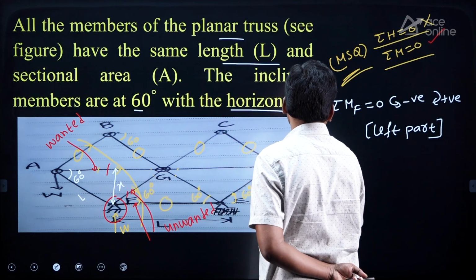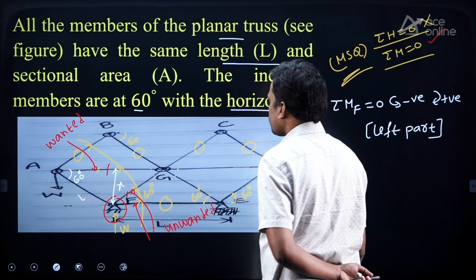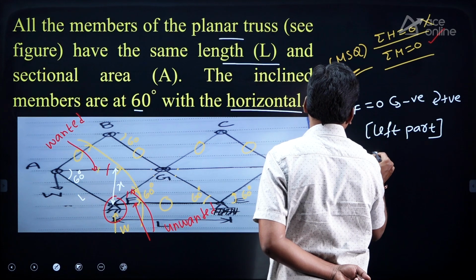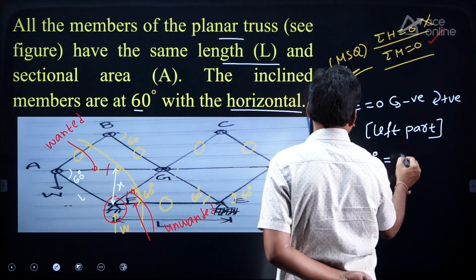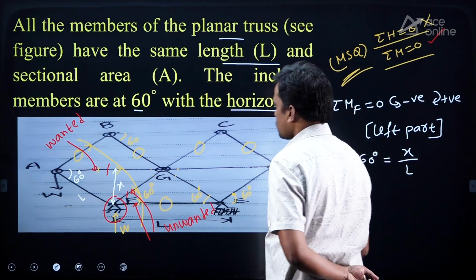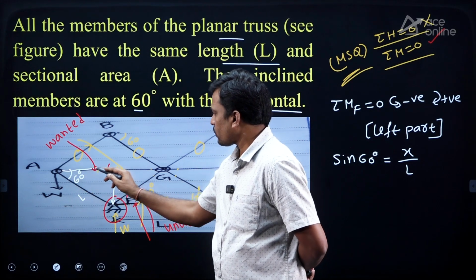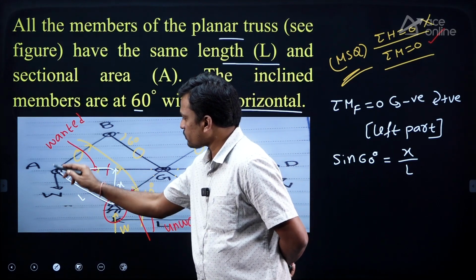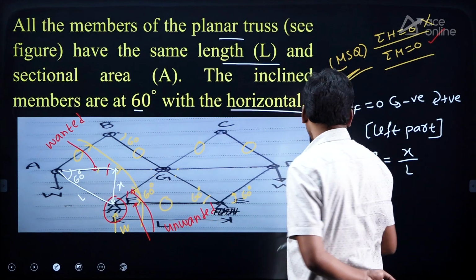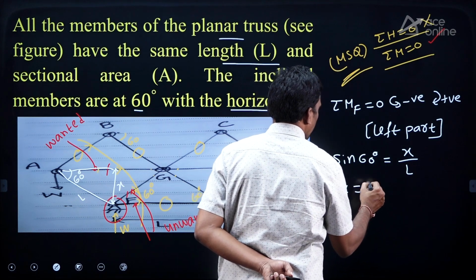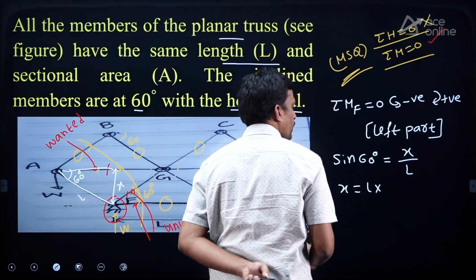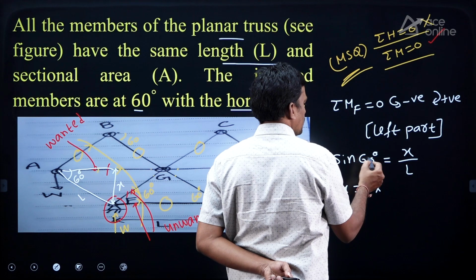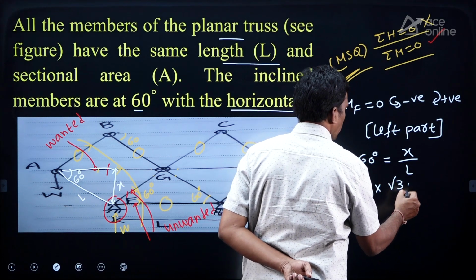Then here sin theta, that is sin 60 equals to X by L, right, from this triangle. Okay, so from this what is X here? L into sin 60, which is root 3 by 2.